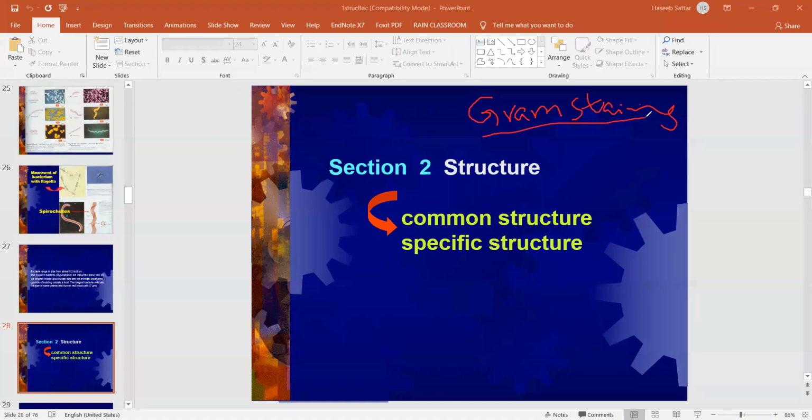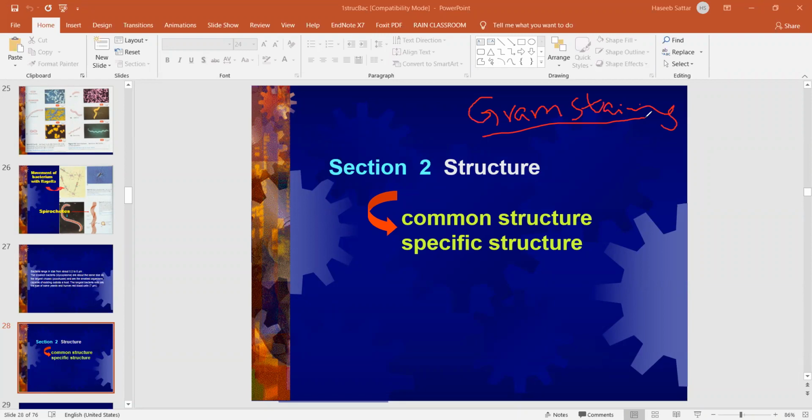Now you just need to know what gram staining is and how we classify. As I told you, gram staining is a staining technique in which we provide a dye, carbol fuchsin, which is a coloring agent. When we apply a dye on a bacterial cell, some bacteria retain the dye and some bacteria don't retain the dye. Retaining means they change the color.